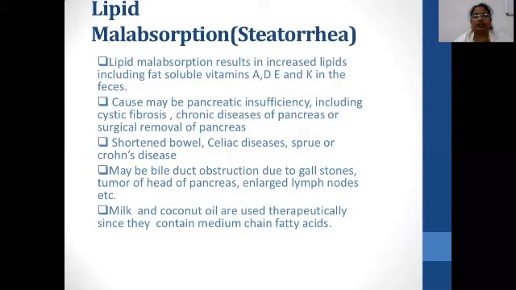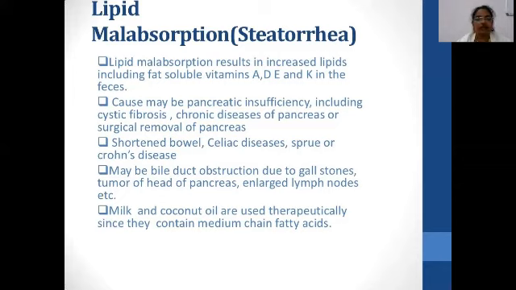One of the conditions of lipid malabsorption is steatorrhea. Lipid malabsorption results in increased lipids, including fat-soluble vitamins A, D, E, and K, in the feces. The cause may be pancreatic, due to pancreatic insufficiency, including cystic fibrosis, chronic diseases of the pancreas or surgical removal of the pancreas.